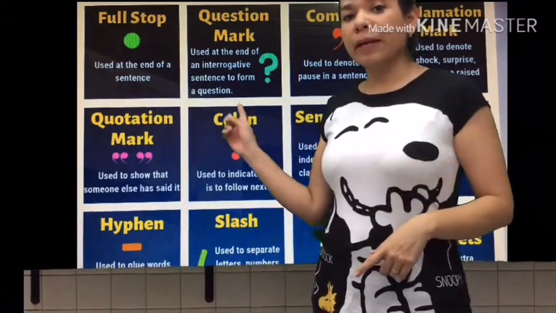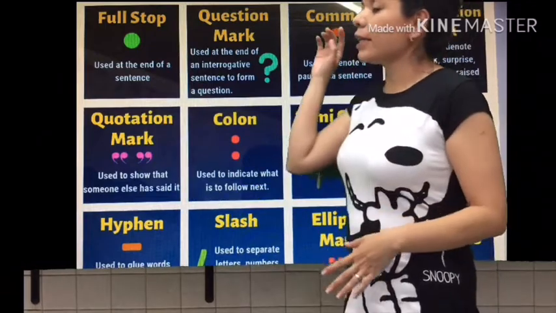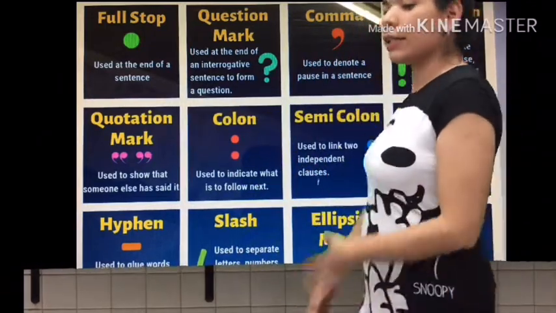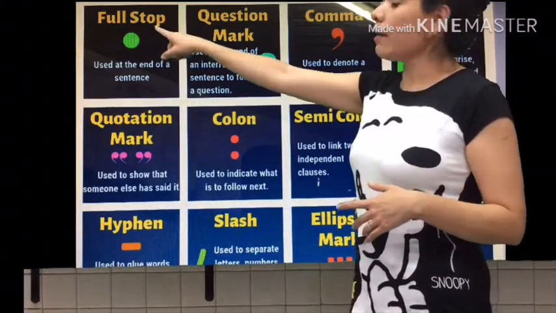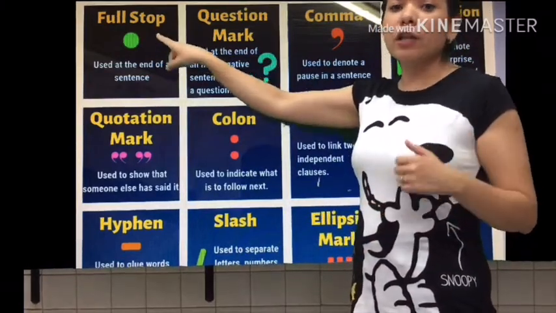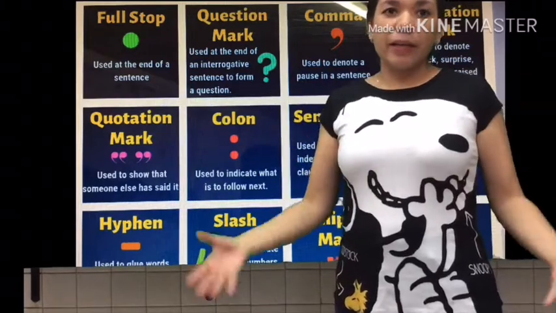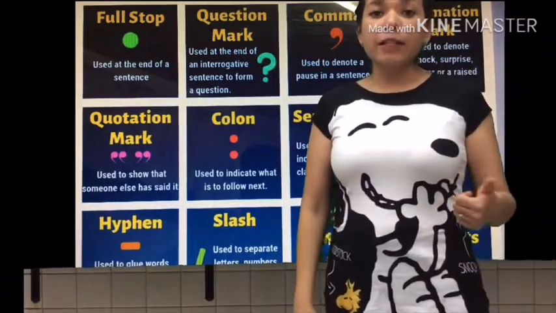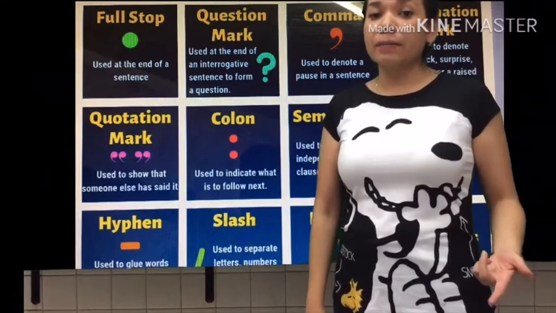As you can see in the picture here, you can see the basic punctuation marks. There are 14, as you can see on the screen. In the first one, we have the full stop. The full stop or period is the one that we use for declarative sentences and for imperative sentences.